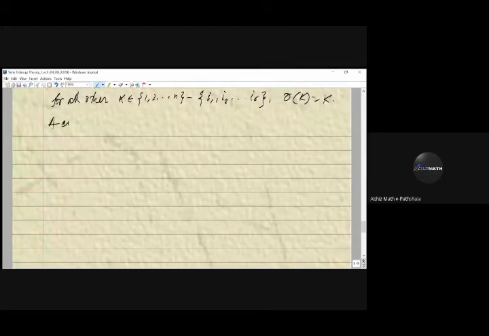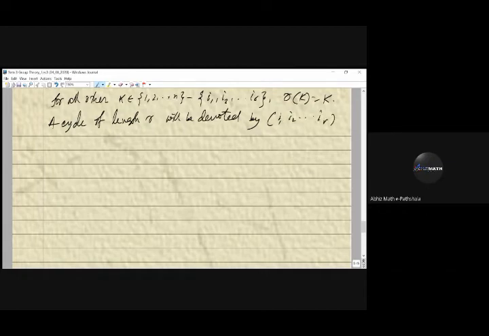And a cycle of length r will be denoted like this: (i1 i2 ... ir). For example, in S6, this is a cycle (1 2 3 4). That is, 1 goes to 2, 2 goes to 3, 3 goes to 4, and 4 will return back to 1.